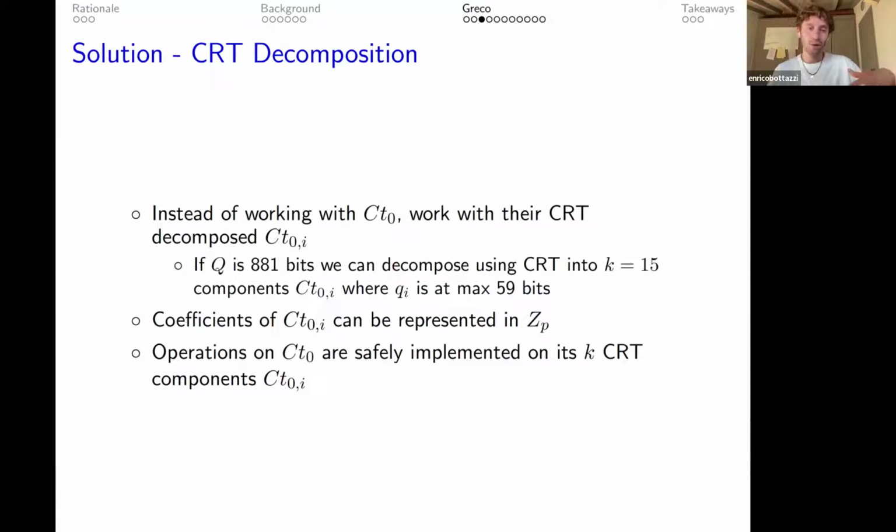And in this way, we can safely represent the coefficients in the prime field of our circuit, and we can also perform operations on these coefficients without worrying about the risk of potential overflow. So as long as we stick to the operations that are defined in the encryption, we do not have this risk.